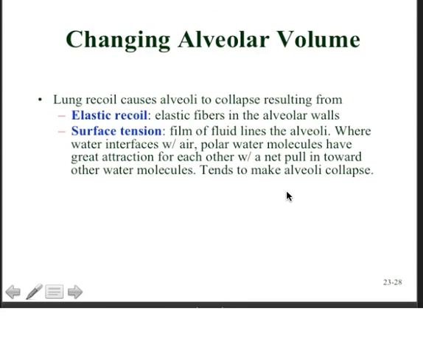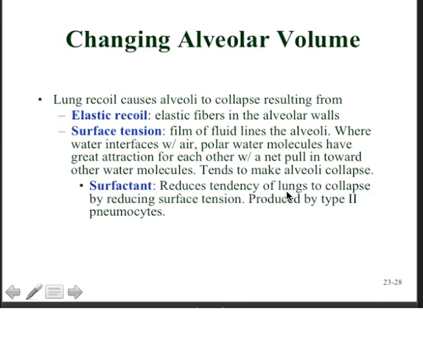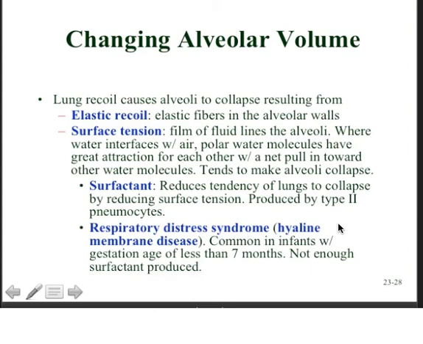The water interfaces with air, and the polar molecules have a great attraction for each other, and they tend to pull inward onto the other water molecules, and this tends to make the alveoli collapse. Surfactant is there to overcome this. If we didn't have surfactant around, every time you exhaled, your lungs would completely collapse and you wouldn't be able to reinflate them. The type 2 pneumocytes are what produce this surfactant.